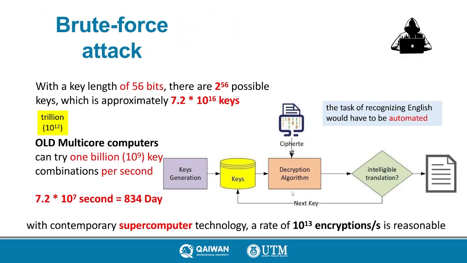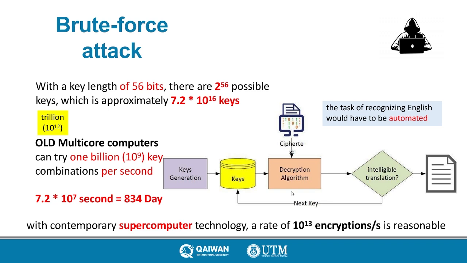Now, brute force attack. With a key length of 56 bits, there are 2 to the power of 56 possible keys, which is approximately 7.2 multiplied by 10 to the power of 16 keys. Now, with old multi-core computers, even very old ones, each can try 1 billion key combinations per second.